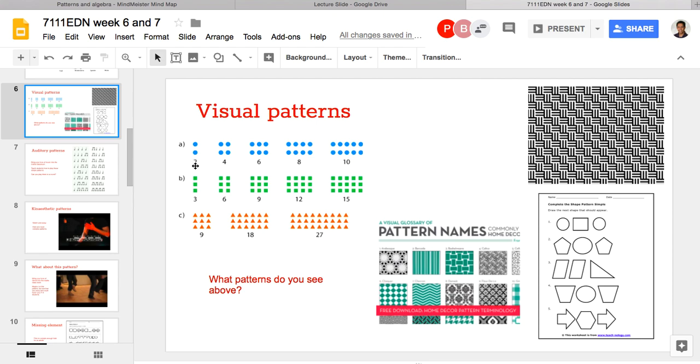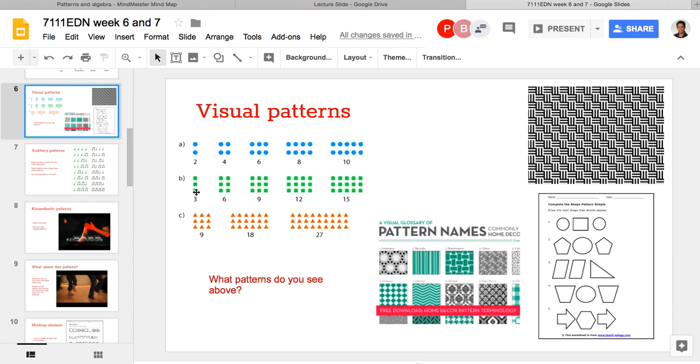We can look at the pattern symbolically, 2, 4, 6, 8, 10, but we can also look at that pattern visually in terms of 2 dots, then 2 lots of 2, then 3 lots of 2, then 4 lots of 2, and 5 lots of 2. What's important is that connection between the pictorial representation and the abstract representation.